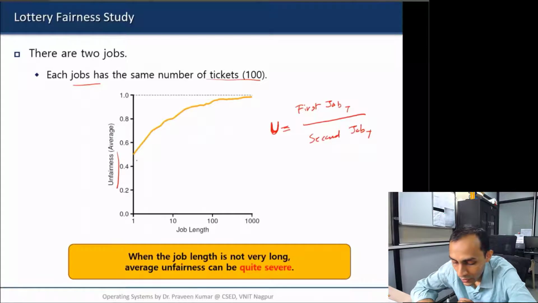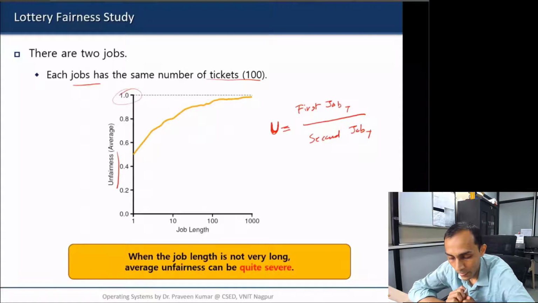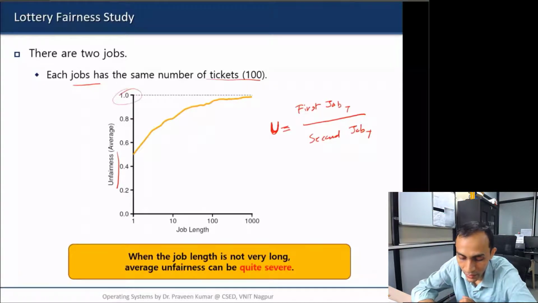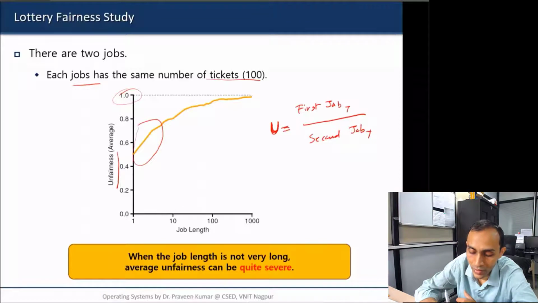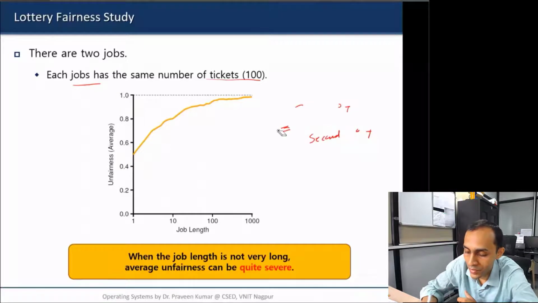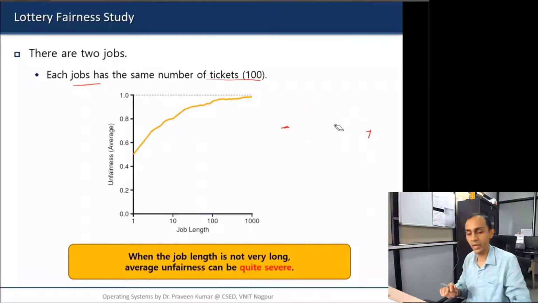But when you increase the job length, this random algorithm approaches the ideal fairness value. So that is the disadvantage. We have seen that for shorter jobs, random number generation will probably not be fair enough. It may not be completely fair, but as long as you are okay with a reasonable degree of fairness, you can go ahead.